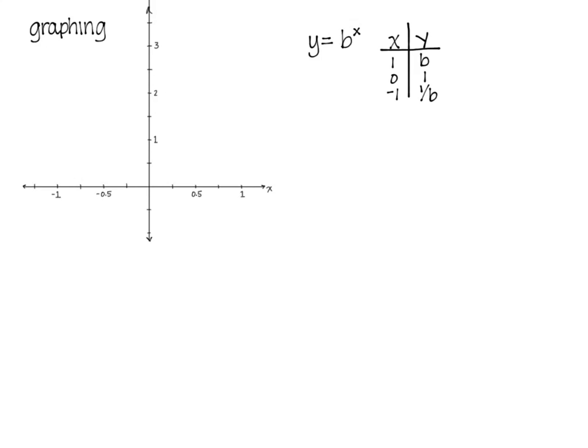Now, the problems that you really have in your homework have to do more with graphing. So I want you to recall that for all exponential functions, we find these 3 points. When we've got y equals b to the x, we know that when we plug in a 1 for our exponent, we get b, whatever the base is. If we plug in a 0, anything to the 0 power is just 1.